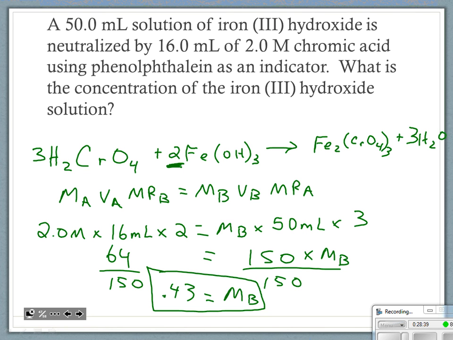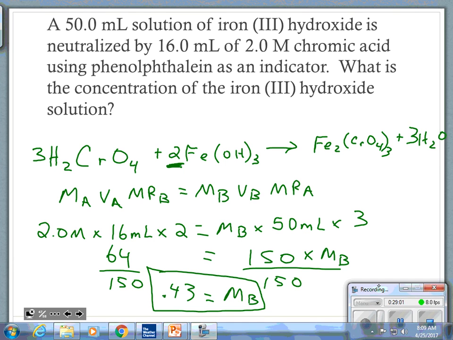Now, which is more concentrated, my acid or my base? My acid, right? So it should take less drops of the acid to neutralize that base, right? Is that the case? Yeah, well, not actually drops, milliliters. Okay.